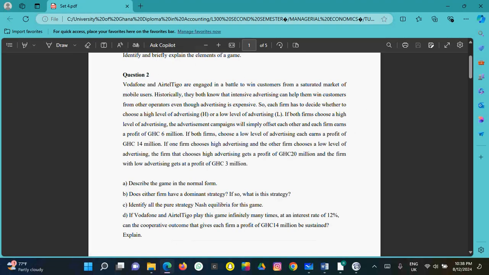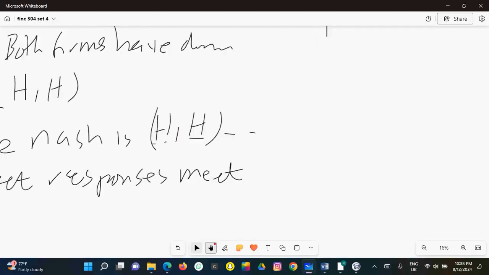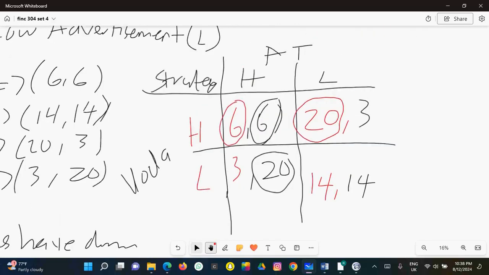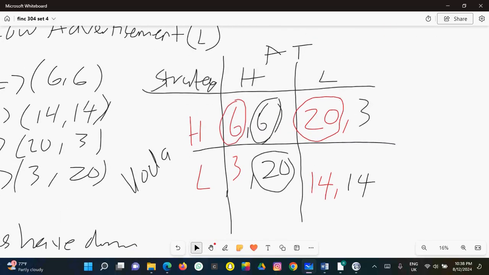D is asking us if Vodafone and Airtel Tigo play this game infinitely many times at an interest rate of 12%, can the cooperative outcome giving each firm a profit of 14 million be sustained? They've even told us the cooperative outcome. Normally the cooperative strategy is when both firms come together.